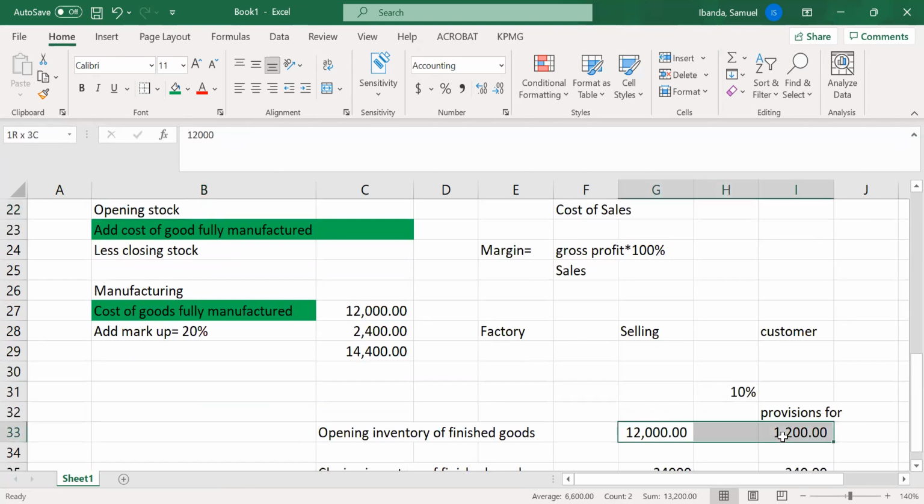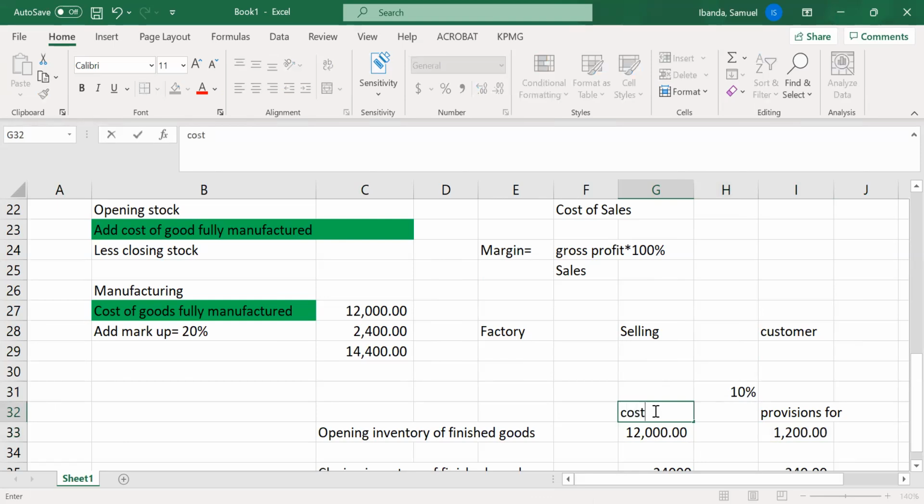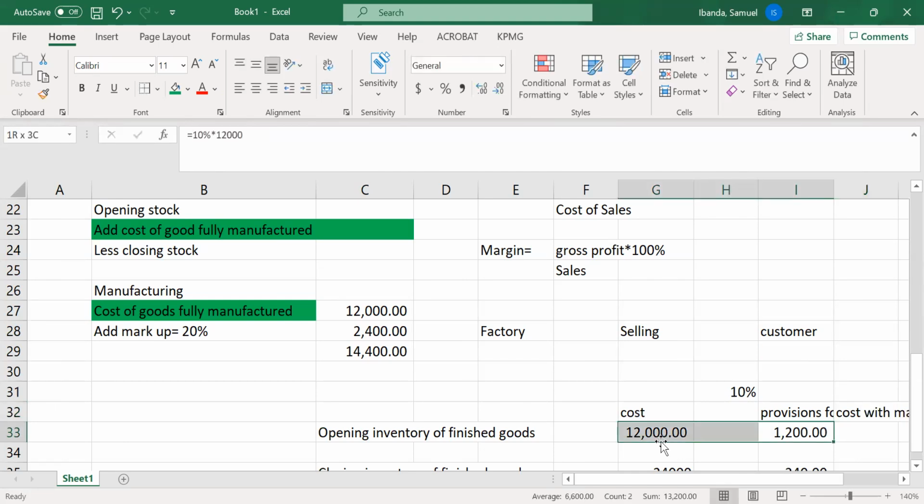You'll see the 12,000 plus the 1,200, basically the value that has a markup onto it. Okay, this is the cost, but if you want to get the cost with the markup, it would be the summation of those two values. So you take the total of these two figures.